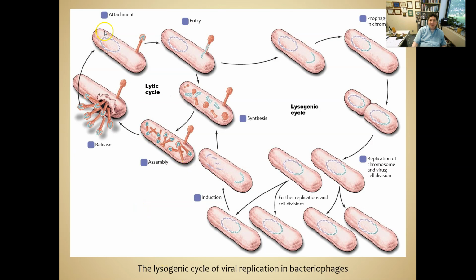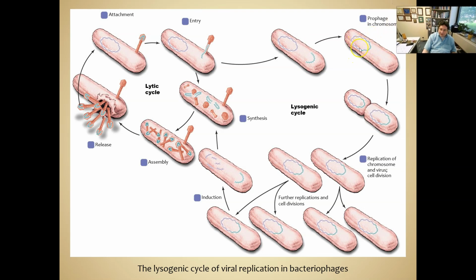So if we look at this diagram here now, attachment and entry are the same. But notice now we're going to go this way. Instead of chopping up the host cell's DNA and taking over right away, look what happens. This viral DNA, see it right here? It has inserted itself into the host cell's genome. We now call it a prophage in here. All right? Now, if this bacterial cell divides by binary fission, one cell into two, notice the viral DNA gets copied along with it in all these daughter cells.